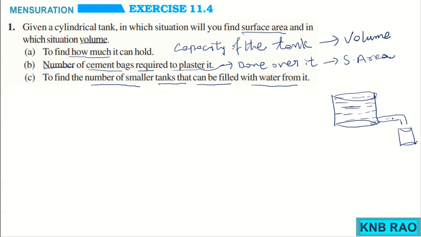That means this water, however much you fill, is also related to the capacity of the smaller ones. So, how many you can fill will be calculated based on the volume of the bigger one divided by volume of smaller one, which gives how many such can be counted.